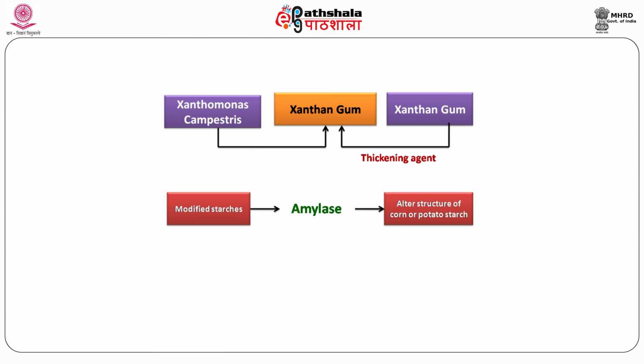They are produced through the use of amylases and other microbial enzymes to alter the structure of corn or potato starch. Common sweeteners such as glucose and fructose, as well as various thickeners and fillers, are also obtained in this way of fermentation.